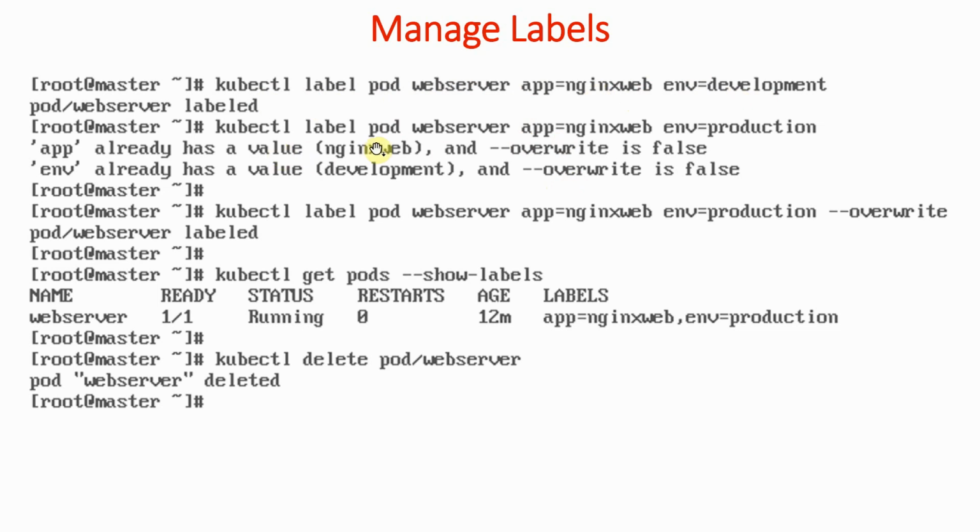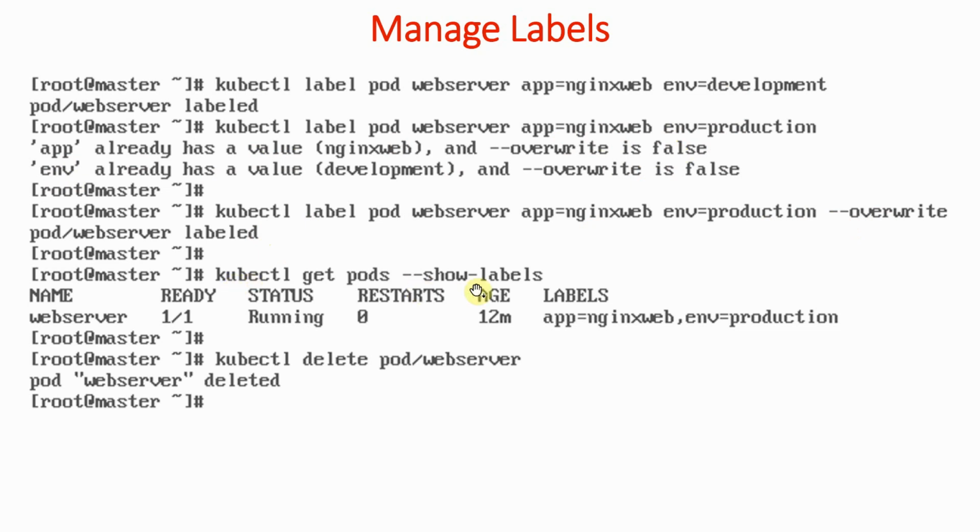Now I want to change the label. That means app=nginx-web, but the environment label I want to change from development to production. When I run this command, it is going to give you a message that the label already has a value. So that means in this way we cannot change it. If we are changing the value, we have to use the option --overwrite. So the same command with the --overwrite option, then only it will change the label.